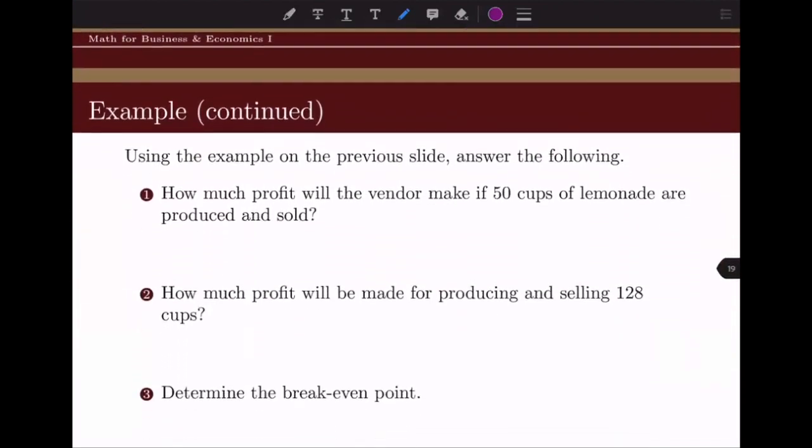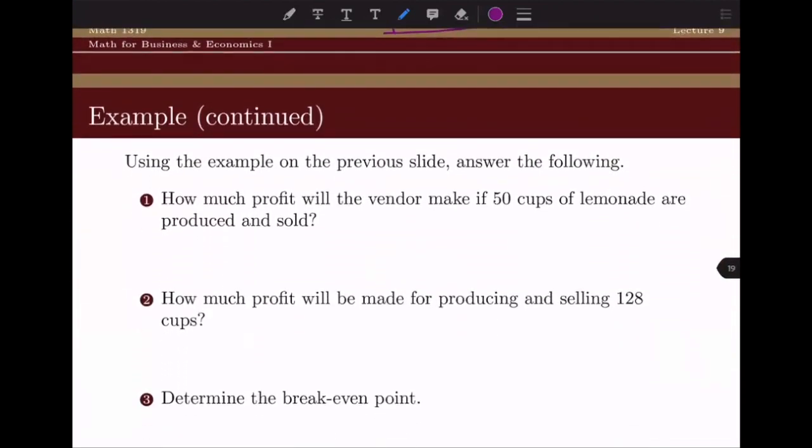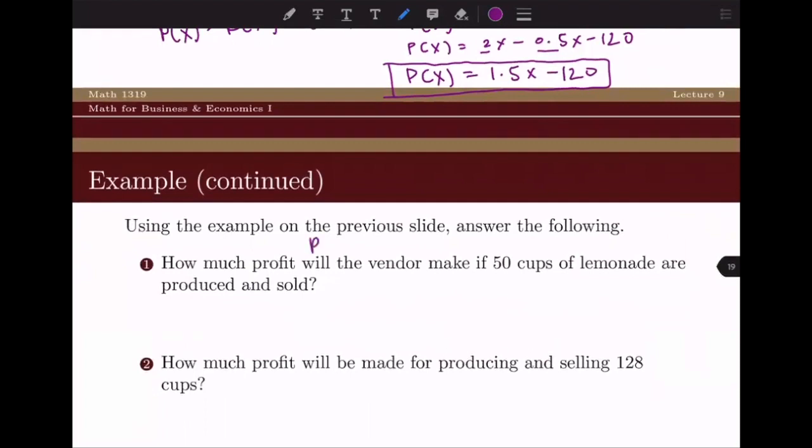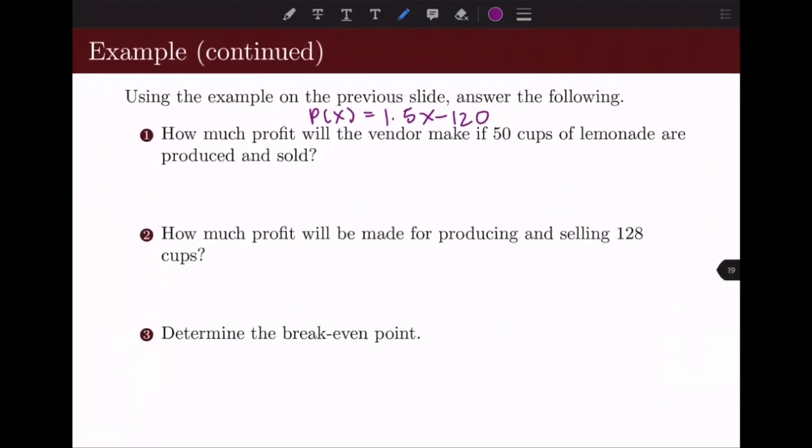All right, continuing the same example. How much profit will the vendor make if 50 cups of lemonade are produced and sold? So let me copy down my profit function. We want to know how much we would make if 50 cups are sold, so x is going to be equal to 50.